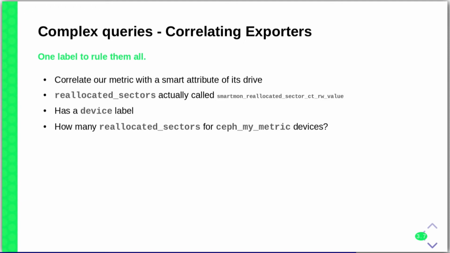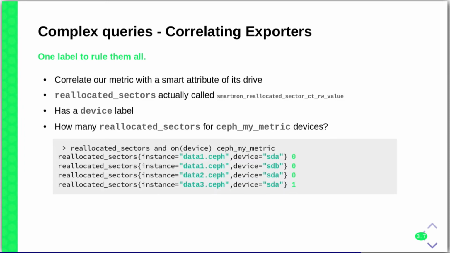We get the SMART values from the node exporter. And we get some OSD metadata, like which drive it is using, from our Ceph exporter. So how can we make this happen? How can we ask Prometheus for how many reallocated sectors the device has that an OSD runs on?